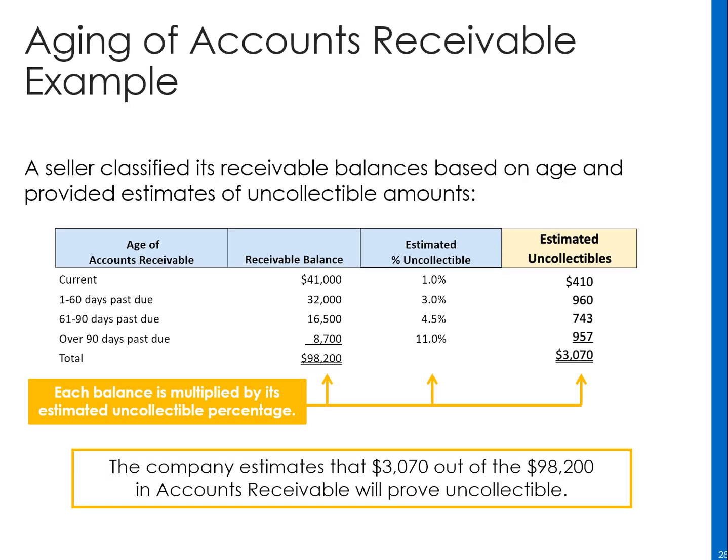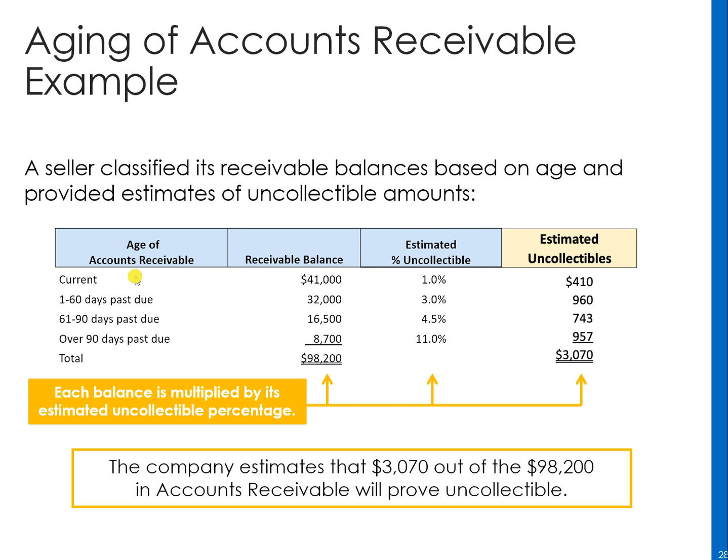One method we use is the aging of accounts receivable analysis. Typically, we classify our accounts receivable based on age, and we provide the estimate of uncollectible amount based on their age.